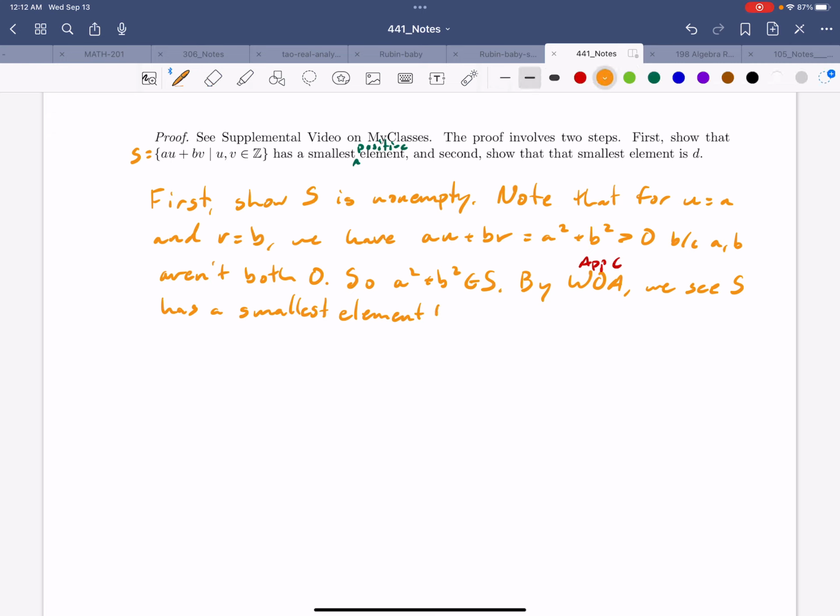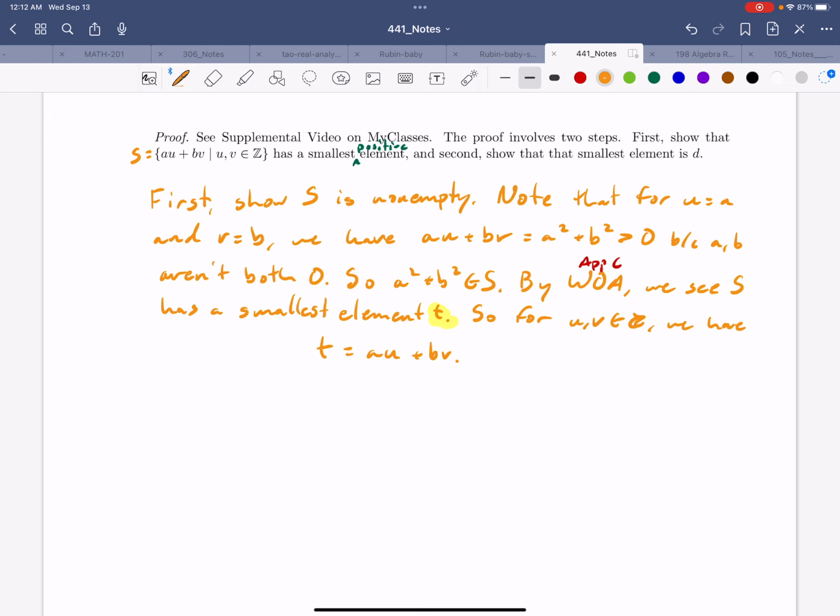And we're going to call that element t, okay? So for some integers u and v, we have t equals au plus bv. And remember, t is the smallest such element.